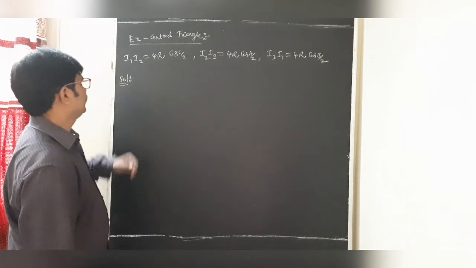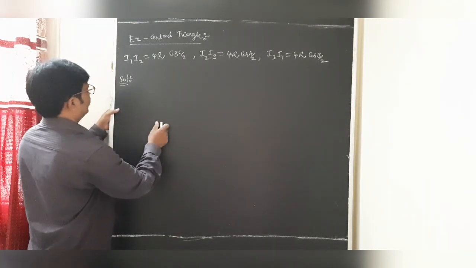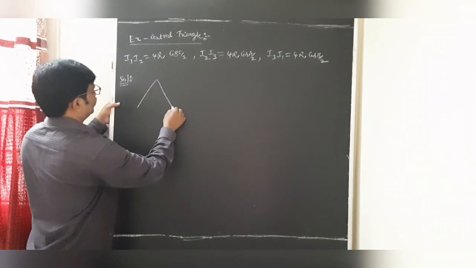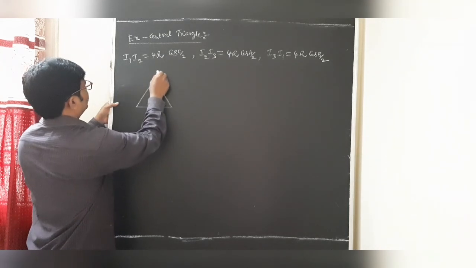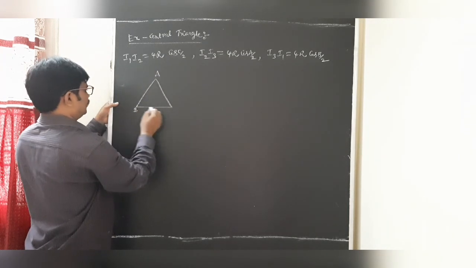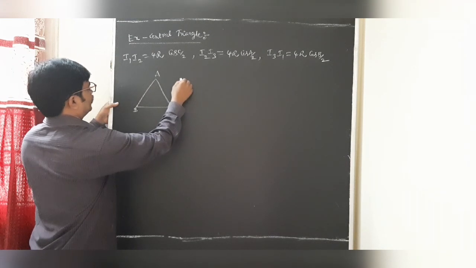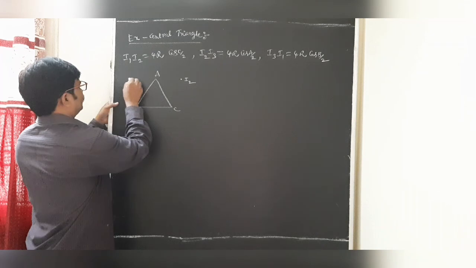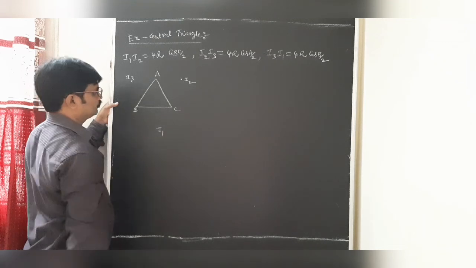Dear students, the excentral triangle. That means, students, all of you listen here. So my dear students, this is triangle ABC. Now this is opposite of I2, this is opposite of I3, and this is I1.